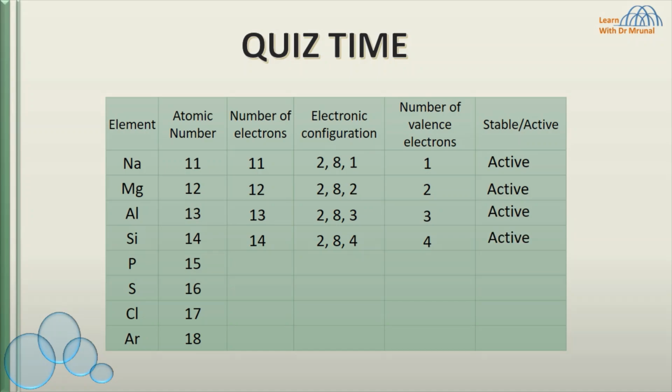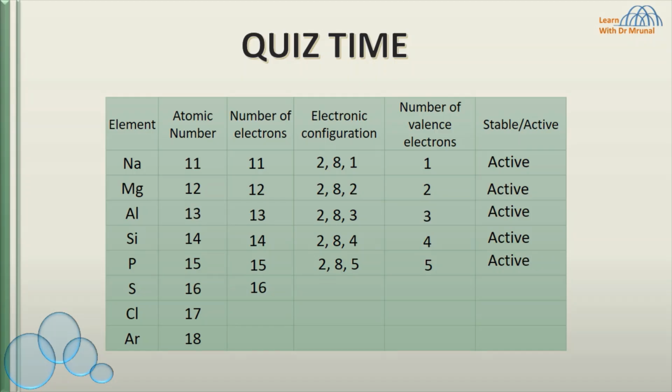Silicon is also active. Why it is active? Because it is having 4 electrons in its outermost shell. Outermost shell is not complete and that's why it is active. Phosphorus is having 5 valence electrons and again it is active.